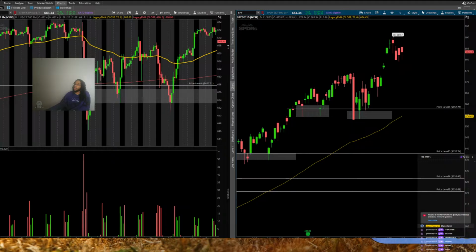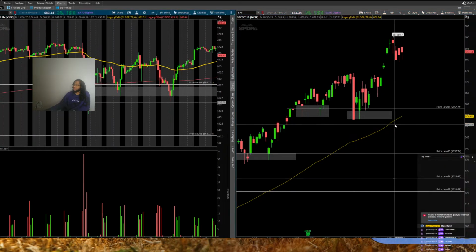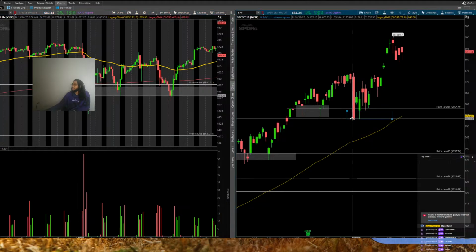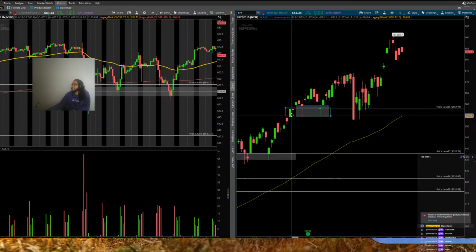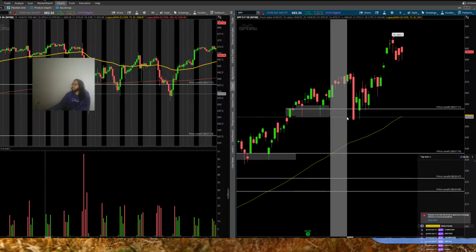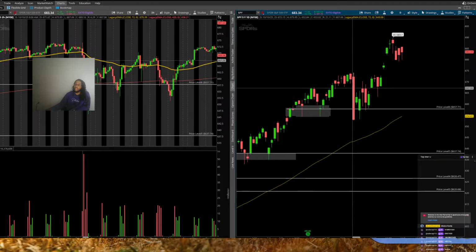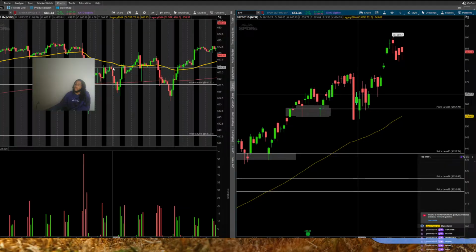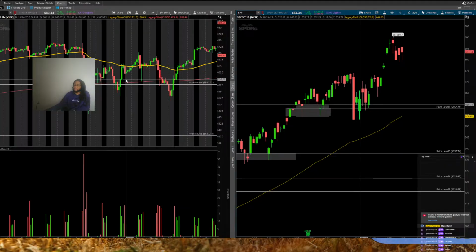Okay, so I'm looking at this, and I don't really see too much. I don't know if I really would have taken this trade, to be 100% honest. I do see that the price came straight down, cut through it, came back up, was above it, still below the 72.